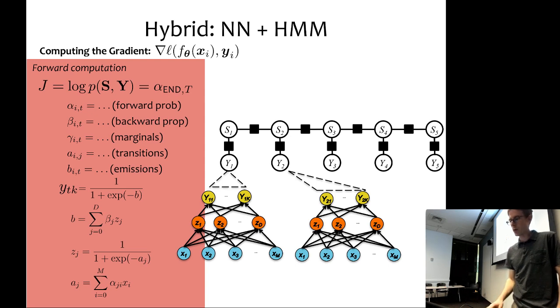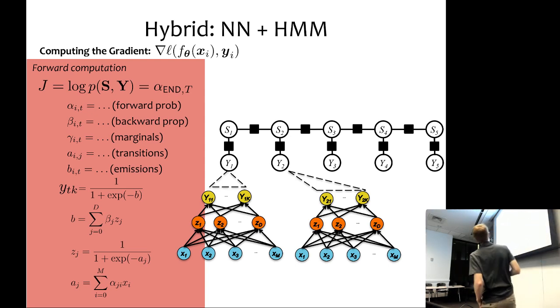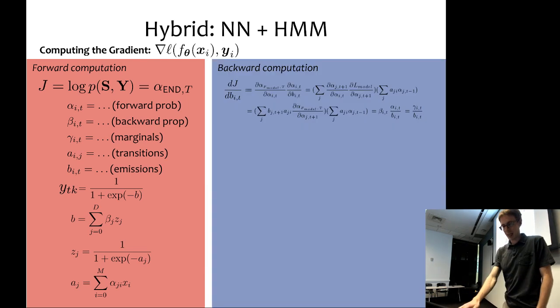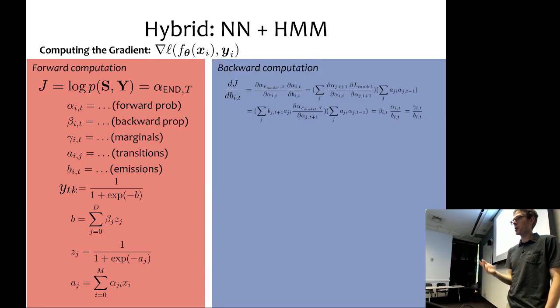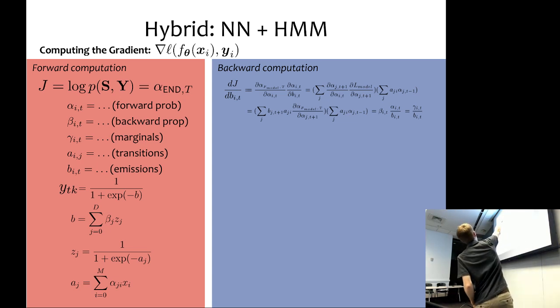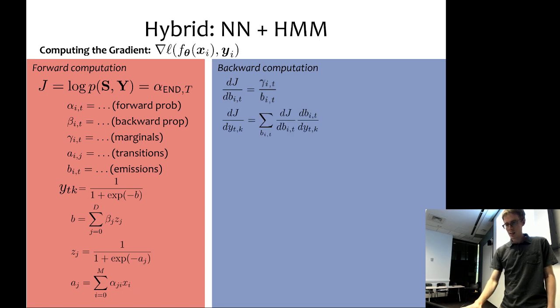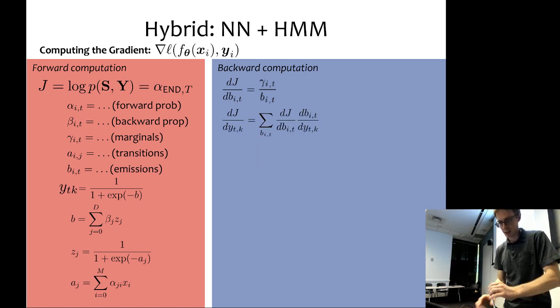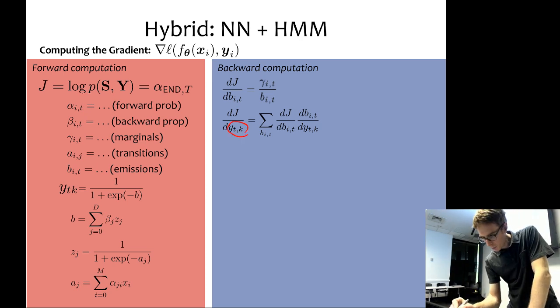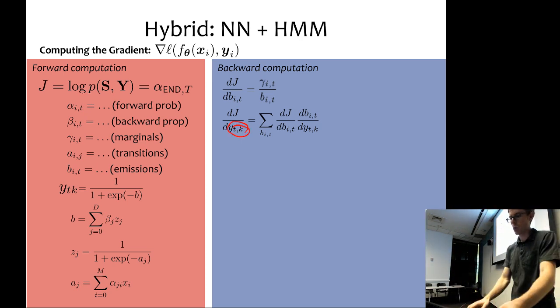We can call that our objective function, and now we can proceed with the backward computation. Here we need to compute the partial derivative with respect to all of the emission parameters of the graphical model, and with respect to all of the outputs of our neural network, the actual y's.